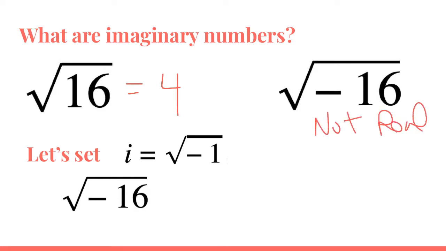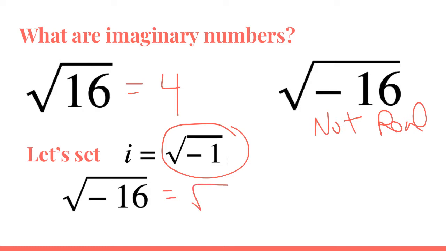The way we're going to deal with it is we're going to just declare a new variable, sort of like pi is 3.14159. We're going to say that i is going to be the square root of negative 1. So in italics, i is always going to represent the square root of negative 1 in the world of math.